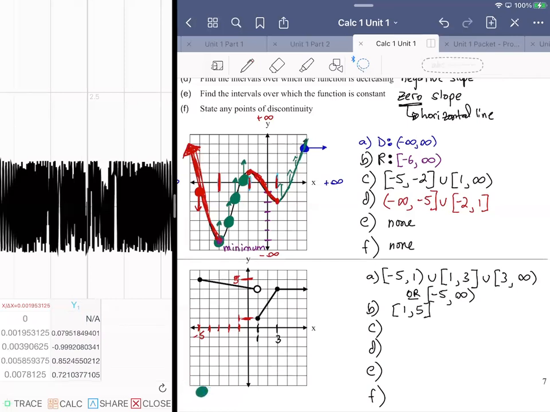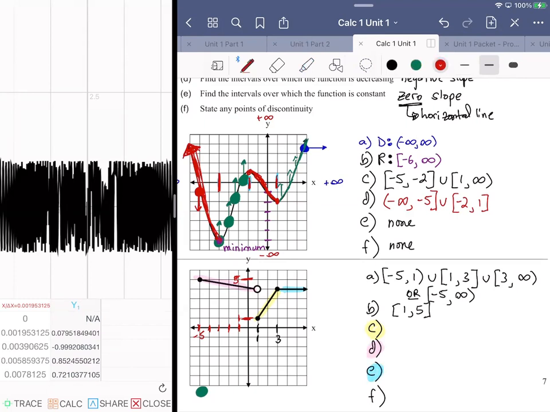I'll use a highlighter this time, hopefully to make it a little less noisy. Positive slope, negative slope, and this time we have constant slope. So positive, negative, so increasing, decreasing, constant.